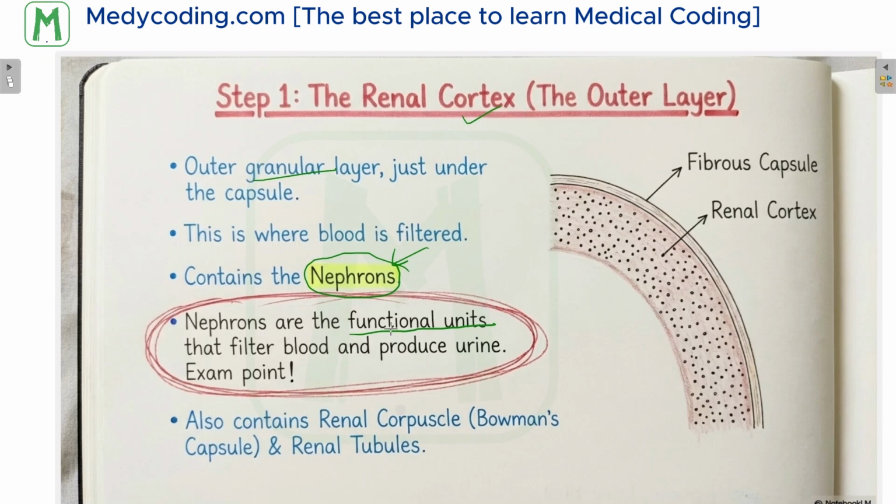This is very important for any fresher medical coder, for the CPC, or for any medical coding interview. So don't forget that the nephron is the functional unit of the kidney. It contains the renal corpuscle and renal tubules that complete the function of filtering the blood.